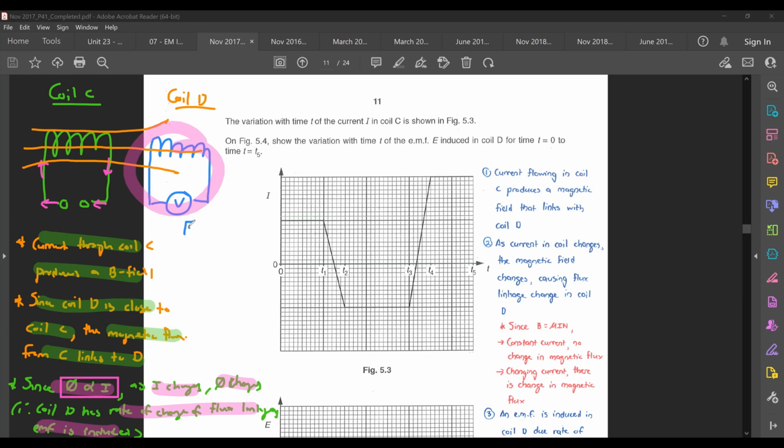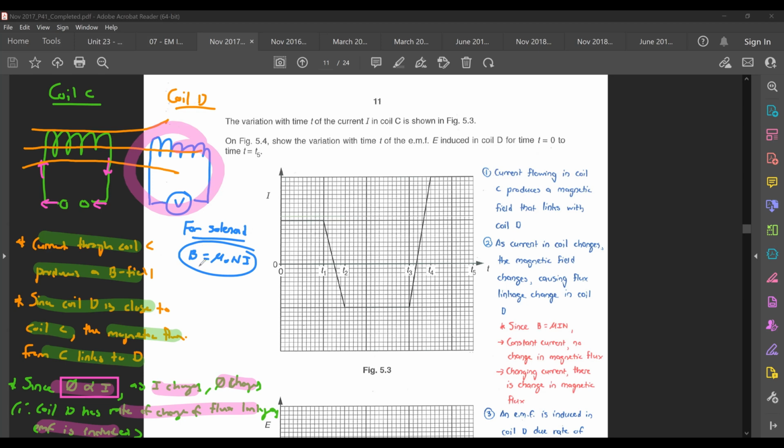You remember in the magnetic field chapter, I told you that for a solenoid, the magnetic flux density is mu naught Ni. But I told you that this equation is actually not really required to be remembered in your syllabus. If your question requires it, they will give you in the question itself.